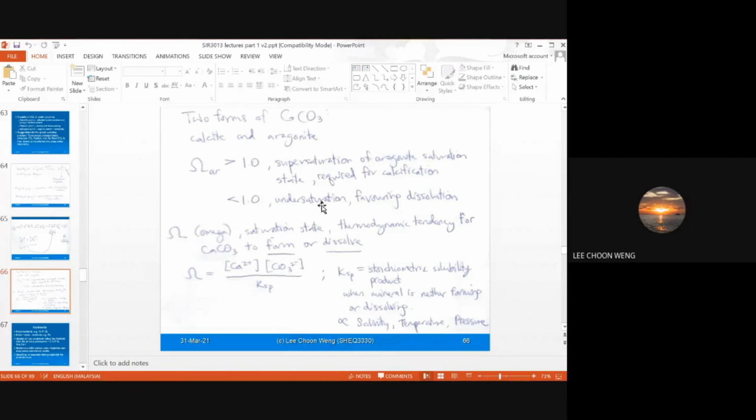There will be undersaturation and it will favor dissolution of either coral reef systems or other carbonate shell organisms. So this is why the acidification or souring of the seas will not be good for the organisms that require carbonate as their shell or as their skeleton.